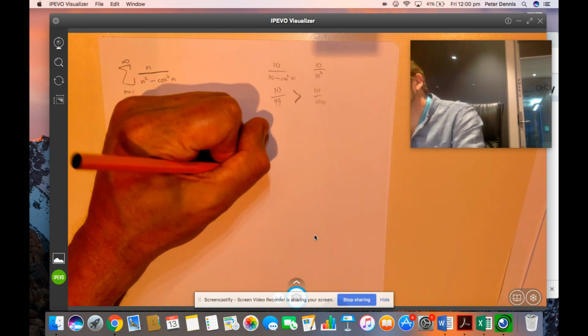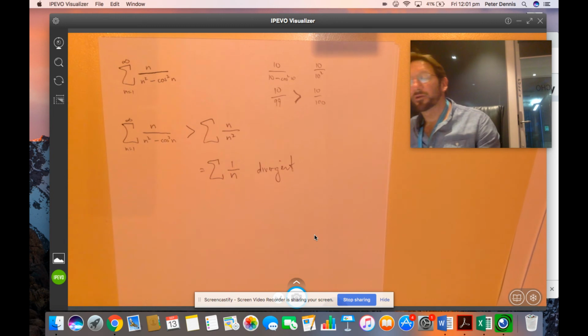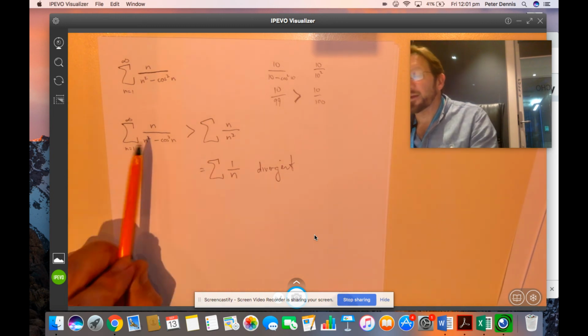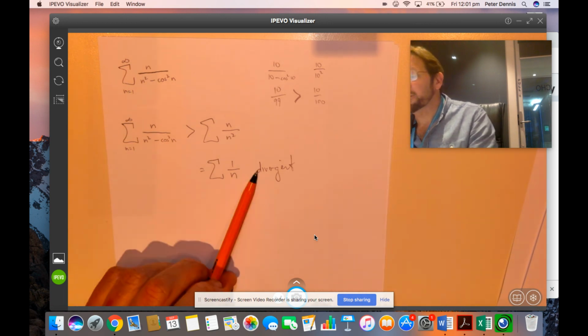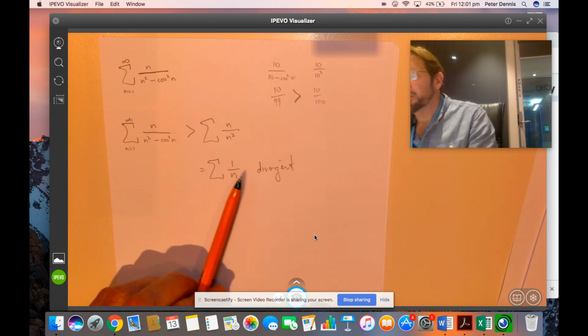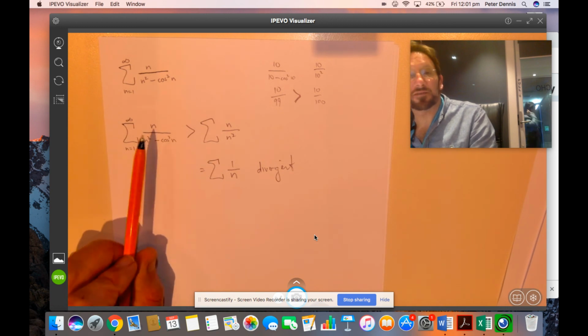And I know this is divergent, which is exactly what we want, because if this was convergent and this was always bigger than it, it wouldn't really tell us anything. It could be divergent. But because this is divergent and this is bigger than it, it must be divergent.